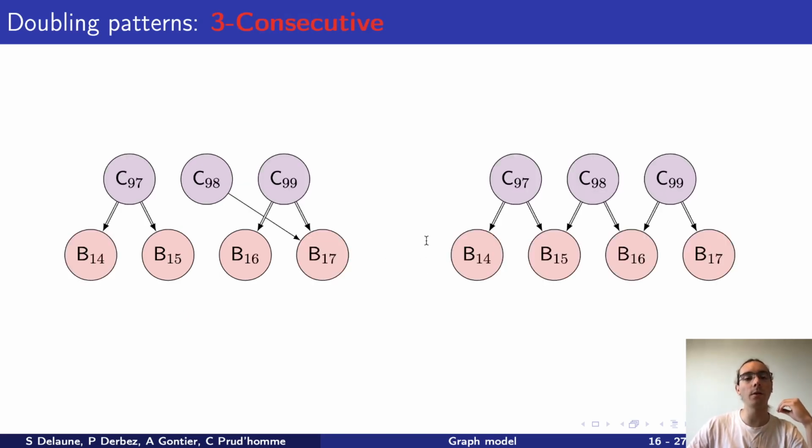For example, the pattern we use the most is the 3 consecutive bit pattern. If I have 3 bits active at 3 consecutive rounds on the same register, then if the 2 side nodes take the doubling transition, then the middle node cannot take the long transition or the doubling transition because it will lead to the same leaves at the end.